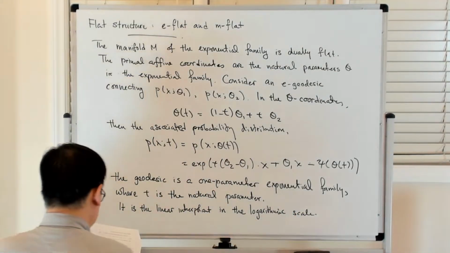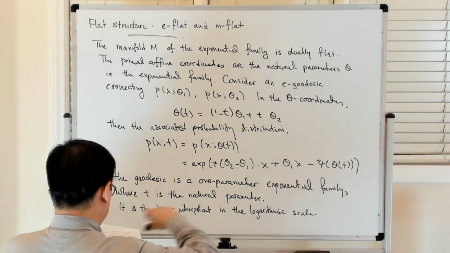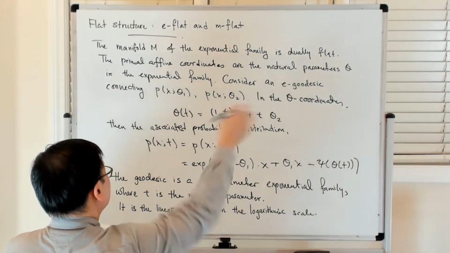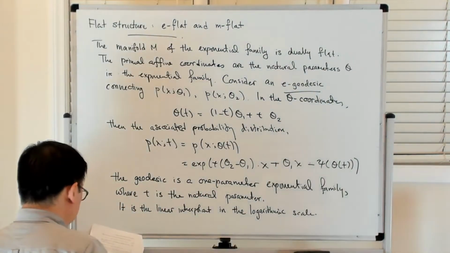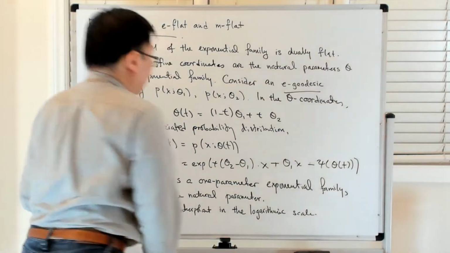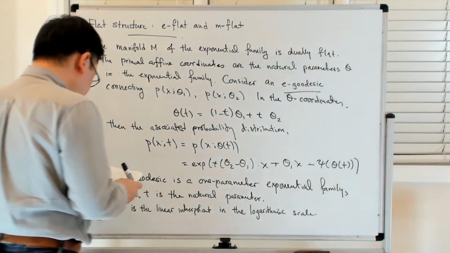And since this is an exponential family, as I said, we call this an e-geodesic, where, as you might expect, the E stands for exponential family, or exponential.